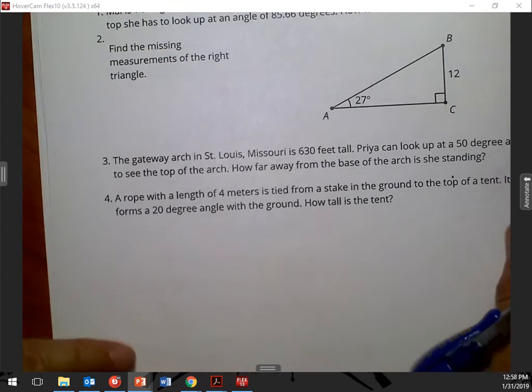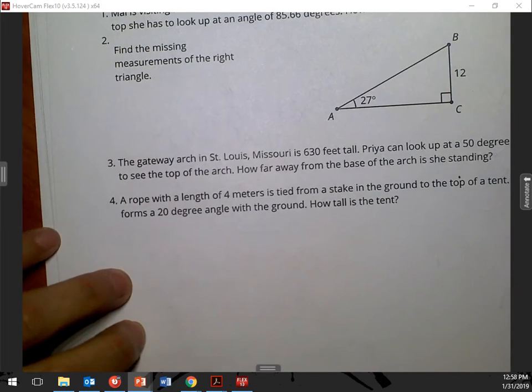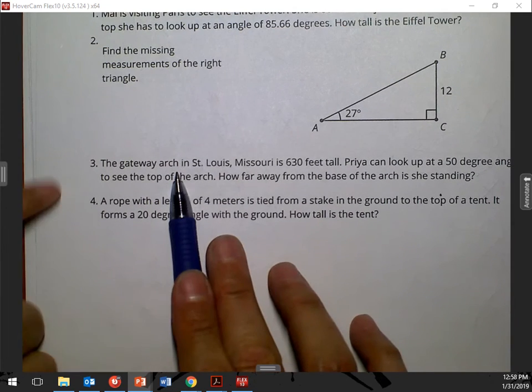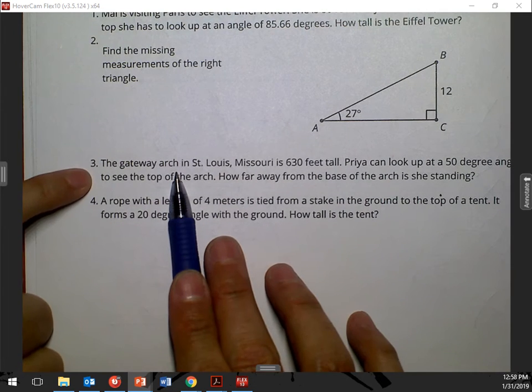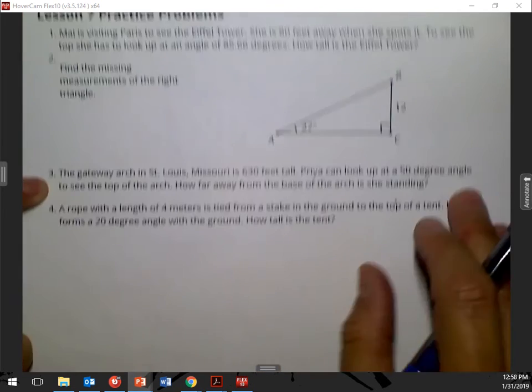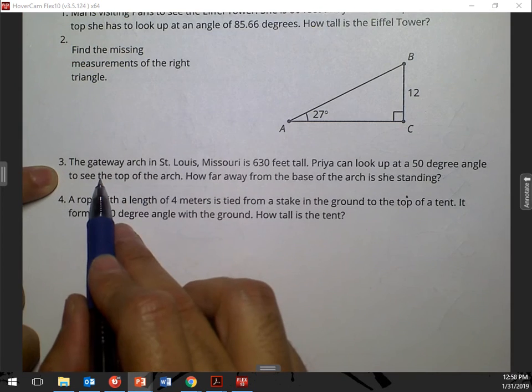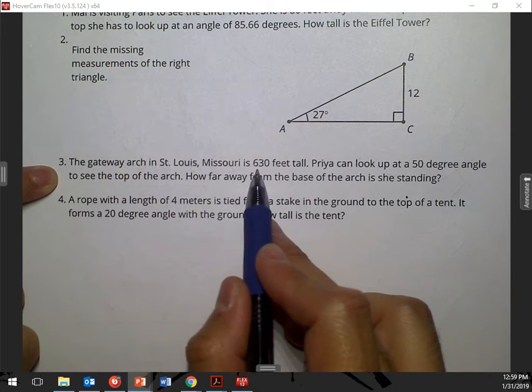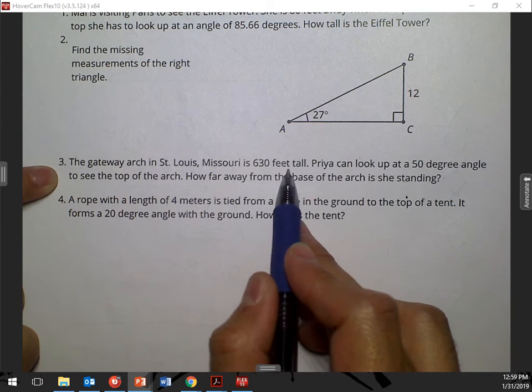Okay, here's the one that we gotta do. Let's pay close attention here. This is 7 now. We're gonna do number 3. Gateway Arch in St. Louis, Missouri is 630 feet tall.